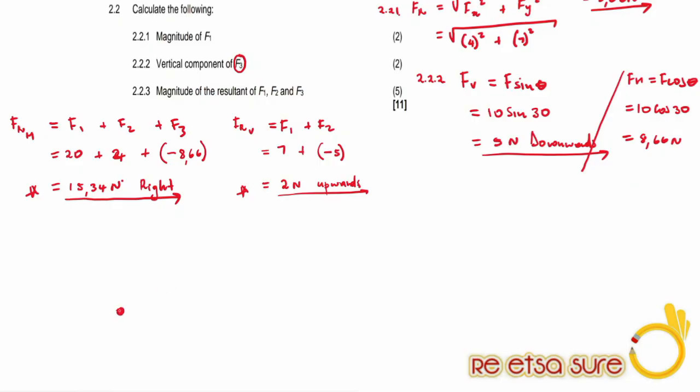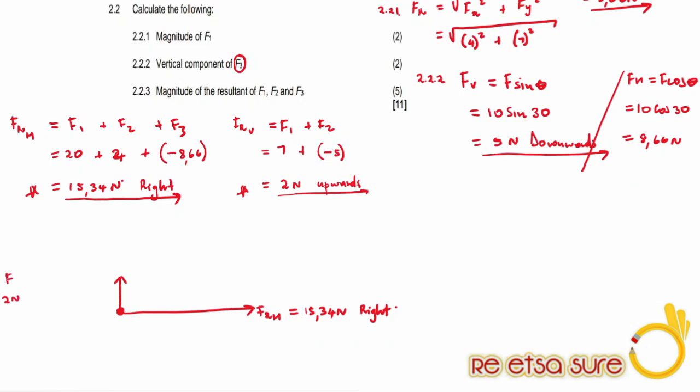So now let us check. Here is my dot. Horizontally I have this one, F resultant horizontally, which is equivalent to 15,34 Newton to the right. And then I'm also having this one, which is 2 Newton.